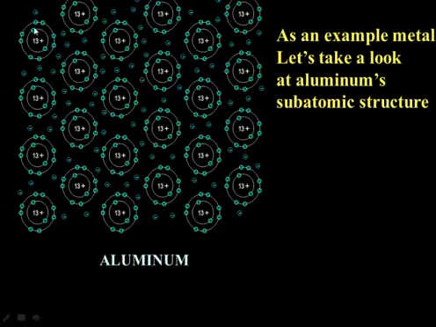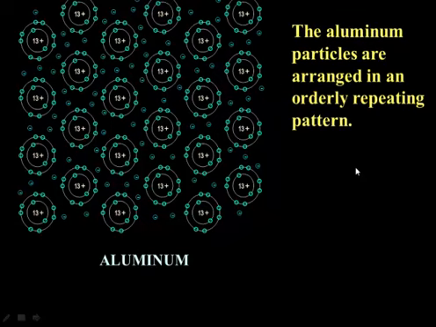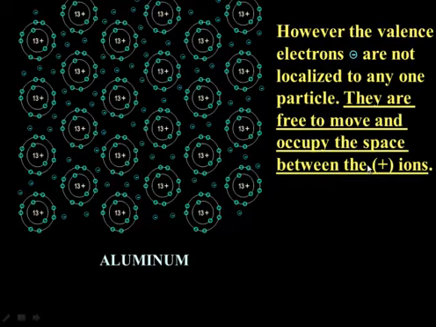You would have aluminum 3 plus ions, as we see there. This is an example of that metal, aluminum metal, in what we call the subatomic structure. You have the aluminum particles arranged in an orderly repeating pattern, as you can see here.